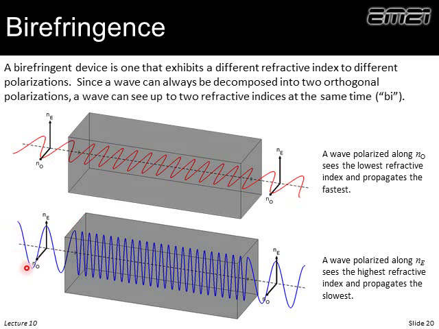If we have a wave polarized in the direction of the extraordinary axis, that's the refractive index that this wave sees. So these two different polarizations see a different refractive index, and in fact will travel through that chunk of material at different speeds. And we can see that the wave is clearly compressed in the bottom block compared to the top one because it's a higher refractive index. The wave is traveling slower, so the wave is more compressed.